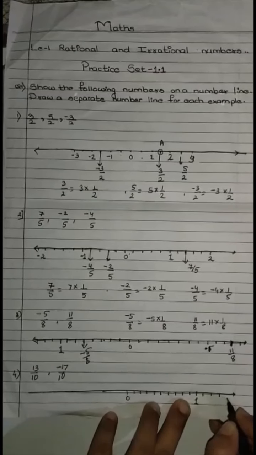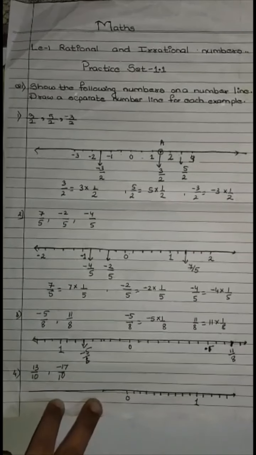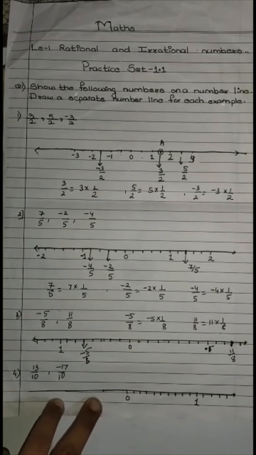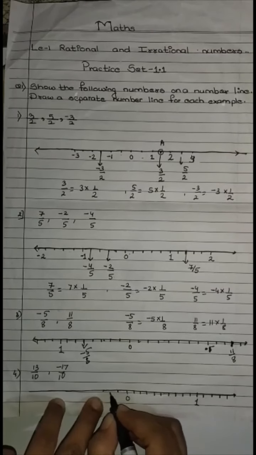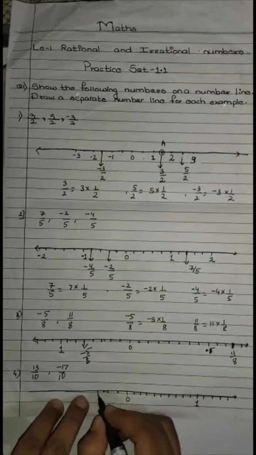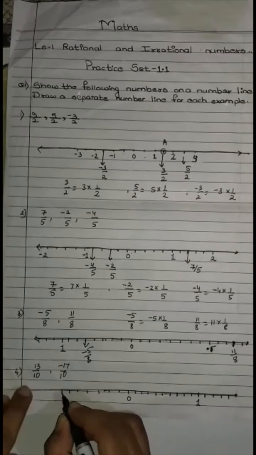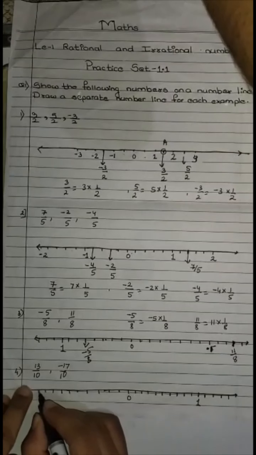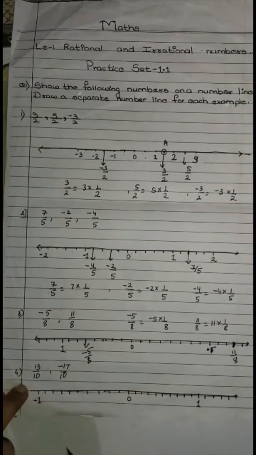1 2 3 4. You can move further, students. Now left hand side also there is minus 17 upon 10. 1 2 3 4 5 6 7 8 9 10. Means this is your 10th number, means this is your minus 1.